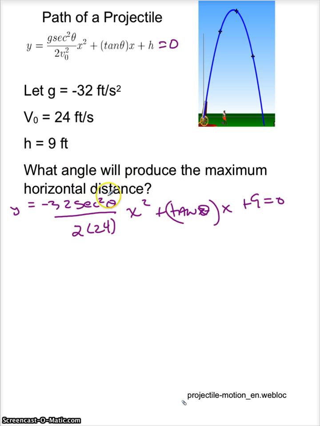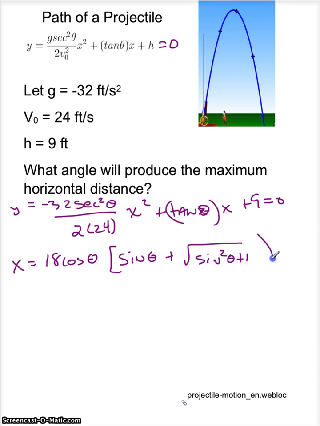Using the quadratic equation and solving, I get that x is 18 cosine theta times sine of theta plus the square root of sine squared theta plus 1. And this is, of course, only true for x greater than or equal to 0.